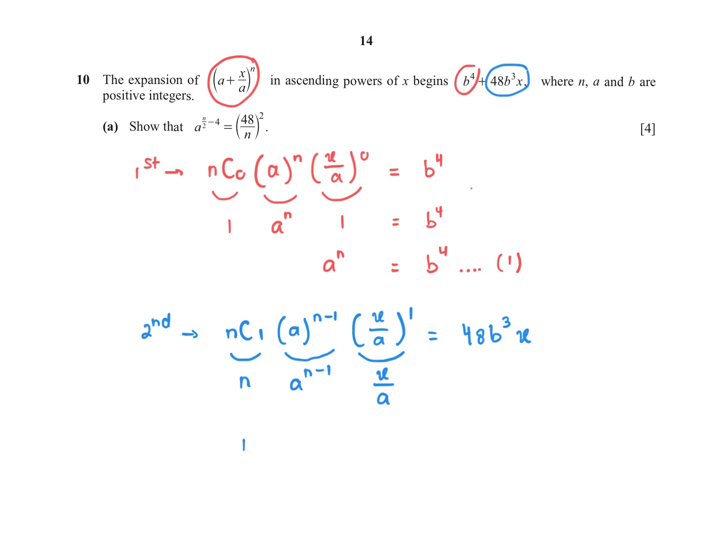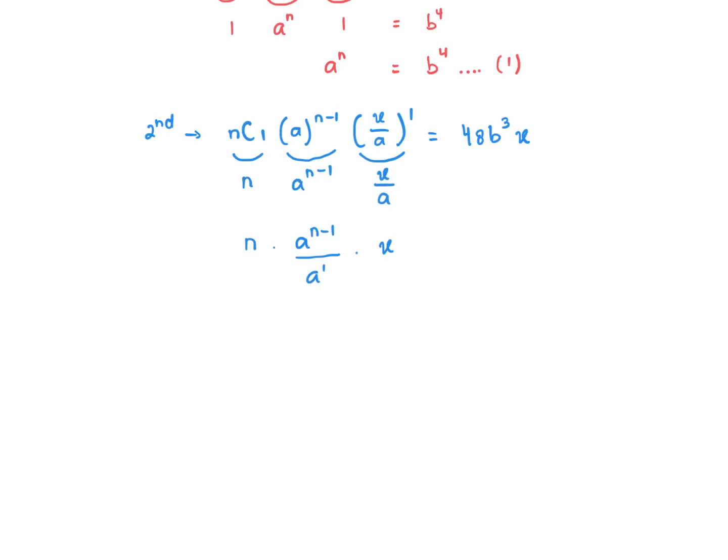Simplify more. n times a to the powers of n minus 1 over a to the powers of 1 times x. n times a to the powers of n minus 1 minus 1, that is n minus 2, times x.